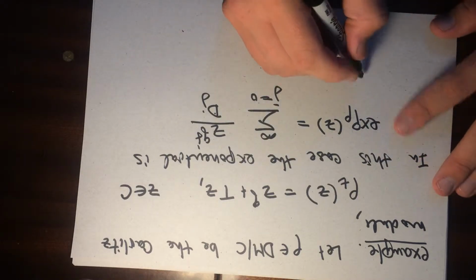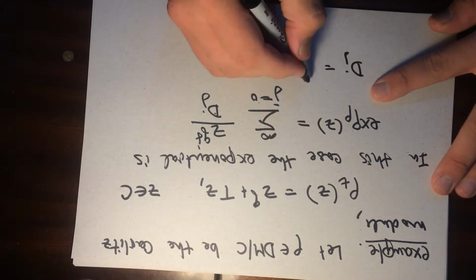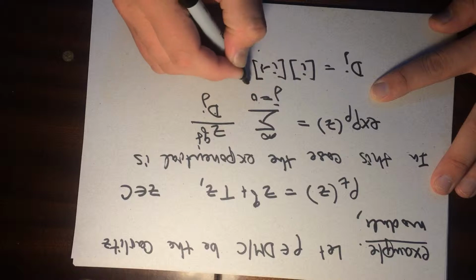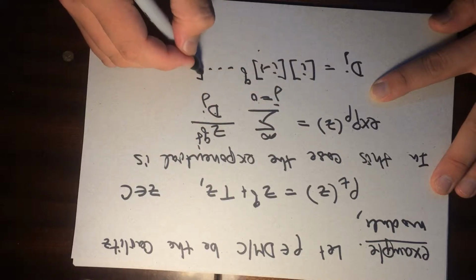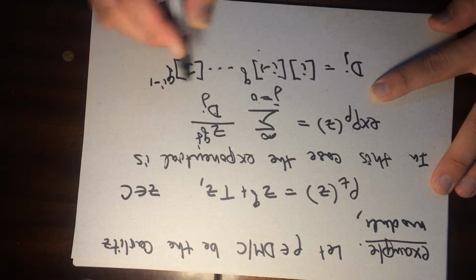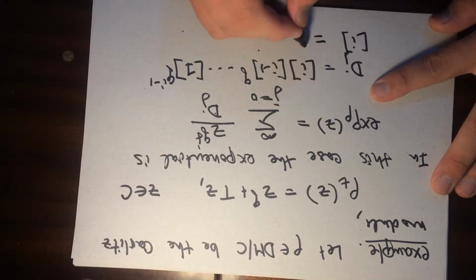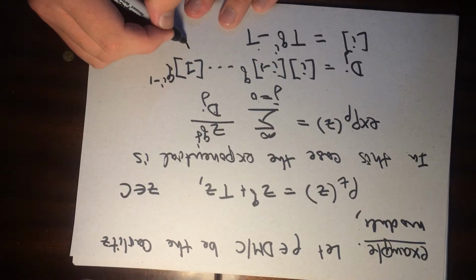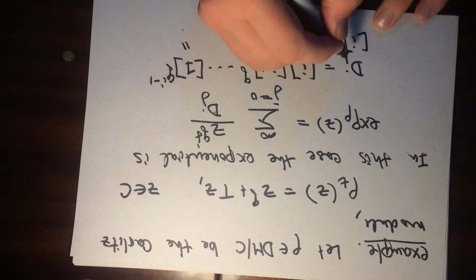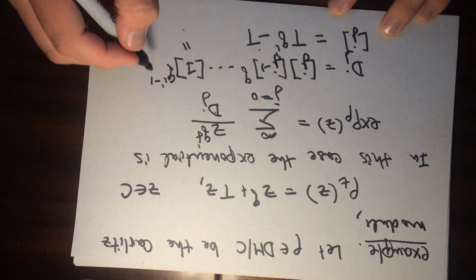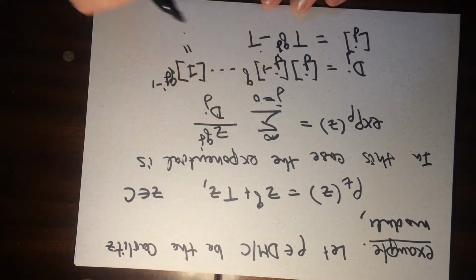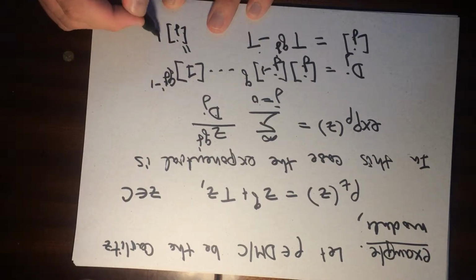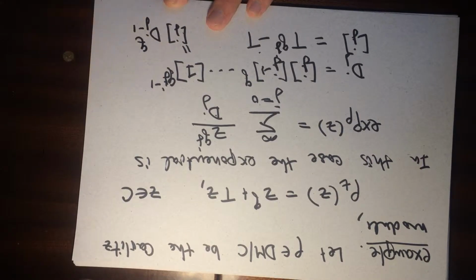Here, D_j is equal to, for D_i, it is [i] times [i-1] to the q, all the way down to [1] to the q^(i-1), where [i] is T to the q^i minus T. And so with j's, you can see that this is going to be [j] times D_(j-1) to the q.